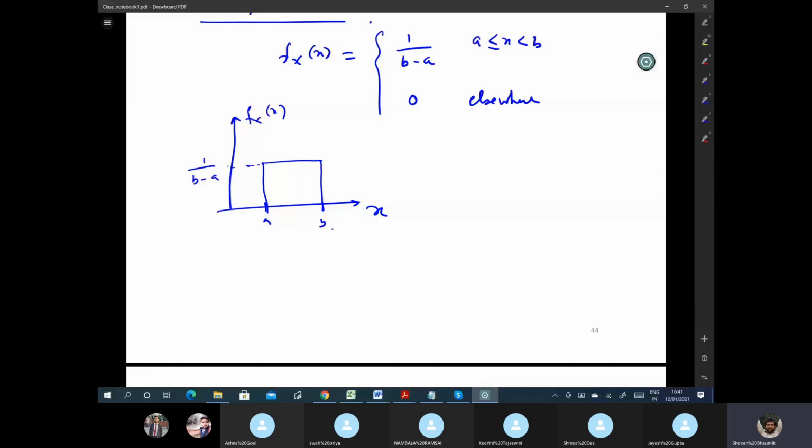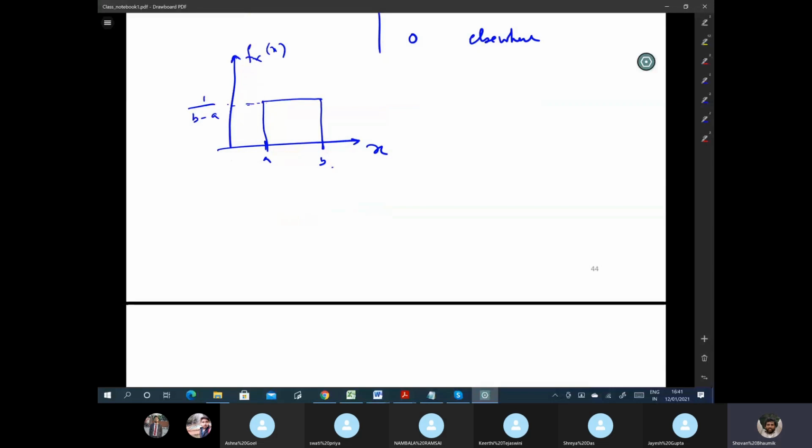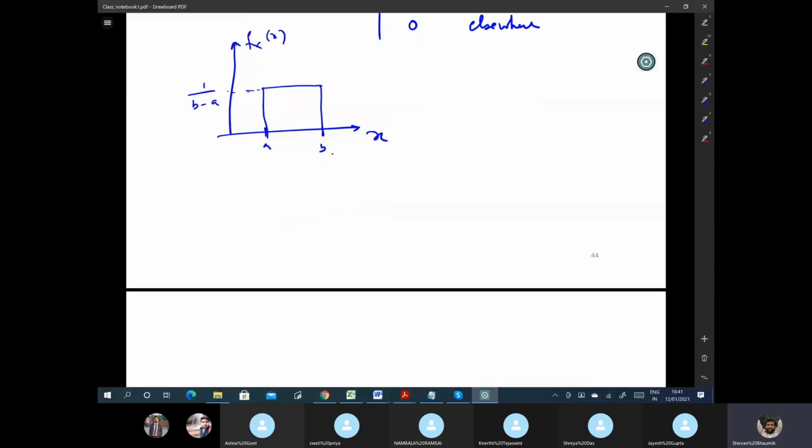And what will be the cumulative distribution function, CDF? That will be F_X of x equals 0 if x is less than a, then x minus a by b minus a in between a and b, and 1 for x greater than or equal to b.